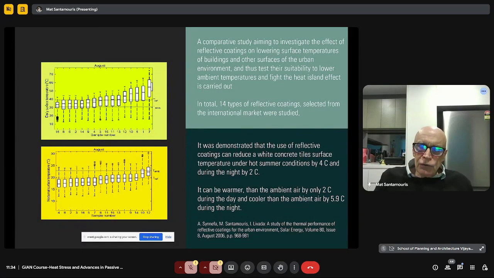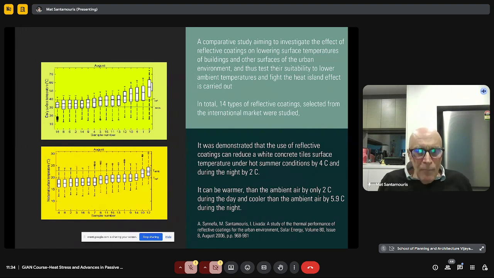So I will start presenting the different groups of materials one by one, and I will start with the highly reflective white materials, developed in the 90s, which are still available, present very high performance, and are very much used in different implementations.